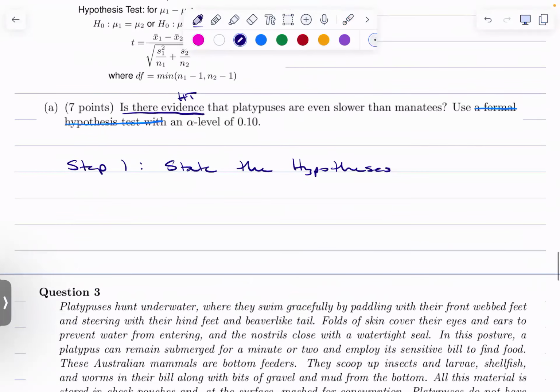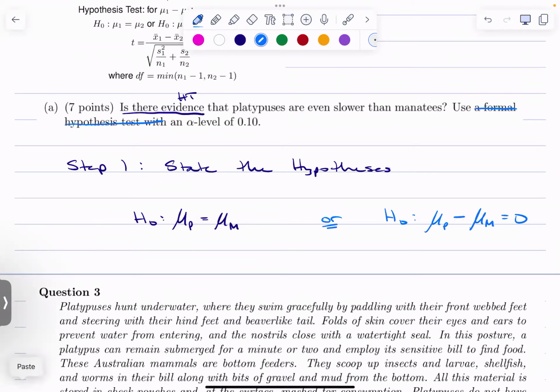And so the null hypothesis, mu p is equal to mu m, or if you prefer, mu p minus mu m is equal to 0. Those say the same thing. Just depends on how you want to think about it.